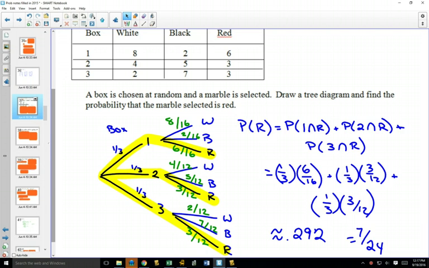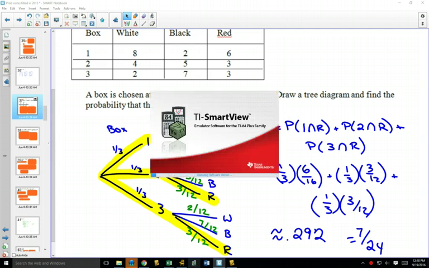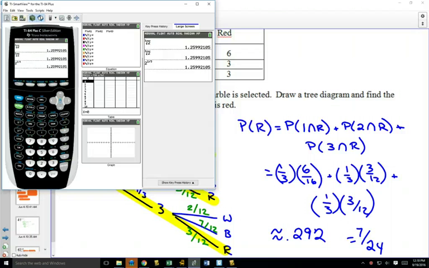Now if you type this whole thing into your calculator, you would get approximately 0.292. Question, does everybody know how to get your calculator to tell you it's 7 out of 24? So if we type this all in and got the 0.292, how do you turn that decimal back to a fraction? Yes? Good.